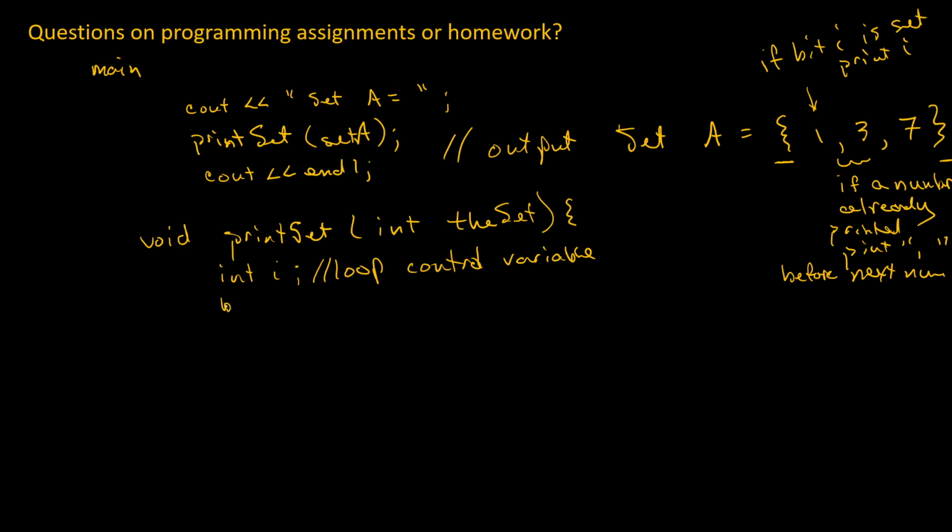I think so. Okay. So I'll have a Boolean, something that says I need a comma, and I'm going to initialize it. Do I need a comma before the first number? Because it could be 0, it could be whatever.